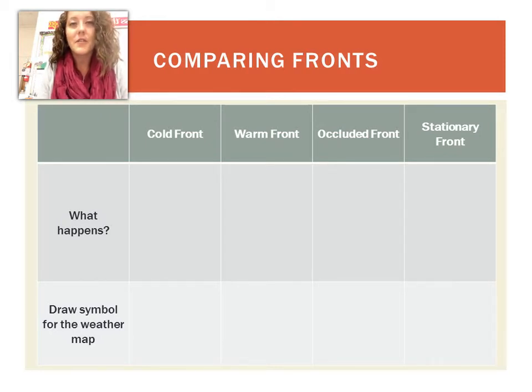Finally, the stationary front means that it's either moving so slowly that a region is having to deal with this front for a long time, or it's not going anywhere at all. And when we have our symbol on the weather map, you'll see alternating blue triangles and red circles on the same line to indicate that it is just sitting there over a certain area.